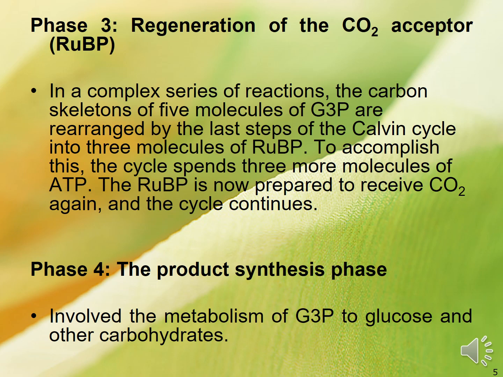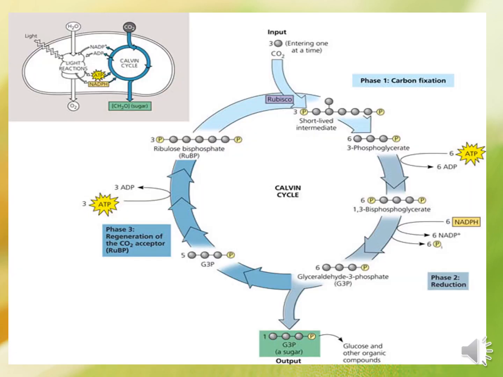So you need to remember there are 4 phases and be able to explain them. Now, if you can't imagine the carbon fixation, reduction, regeneration of the RuBP, and synthesis of product, you can see here.